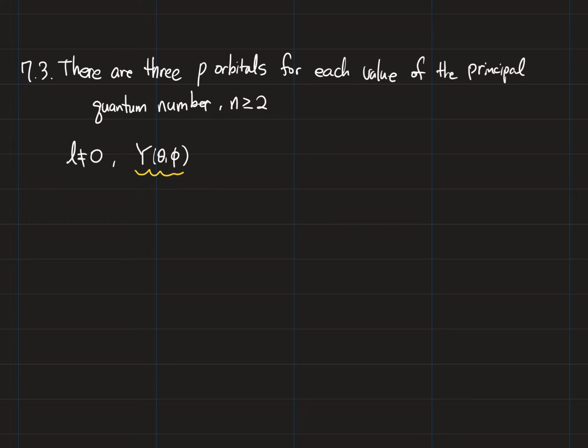So we are going to concentrate on the angular part of the hydrogenic wave functions. So let's talk about the p orbitals. The p orbital has the quantum number l as 1, and this means m sub l should be -1 or 0 or +1. So there are three possible m sub l.